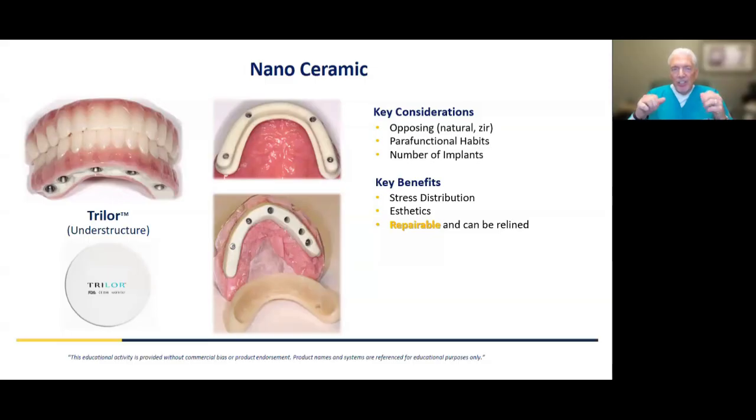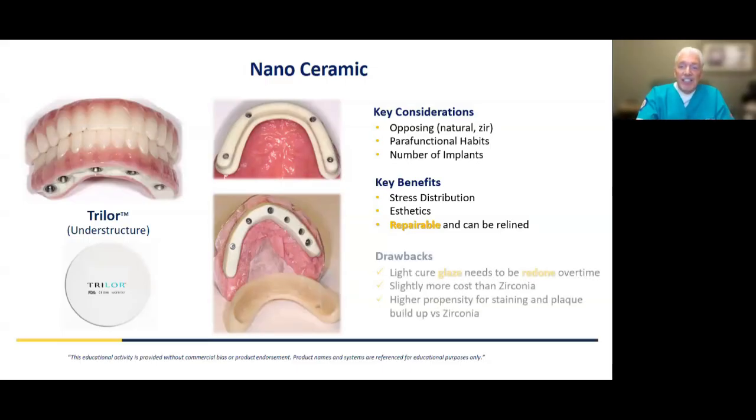You can't put it in your hand and feel it, but functionally, when we're talking about all these microns of accuracy between photogrammetry and what we're getting with our intraoral scanners, especially our newer systems, sometimes having just a little give can be beneficial. The big thing about this really is that it's repairable. If they chip a tooth, you can just use your flowable composites and repair that. So that's a nice benefit to this material.